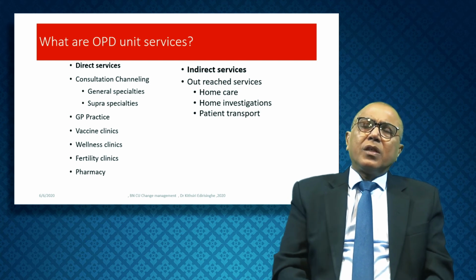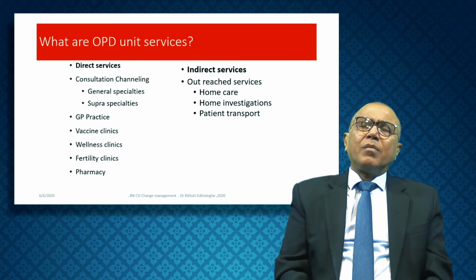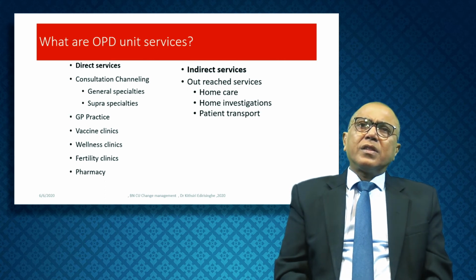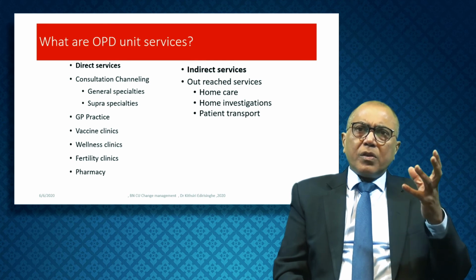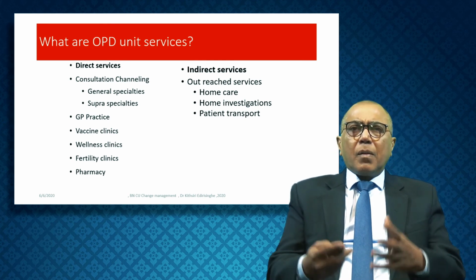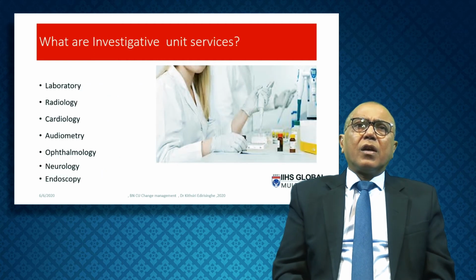As per the new Nursing Now concept organized in 2018 by the WHO and the International Council of Nurses, they really push all the nurses to do outreach services, home care, home investigation, patient transport, holistic care, public health services, all that will come in.